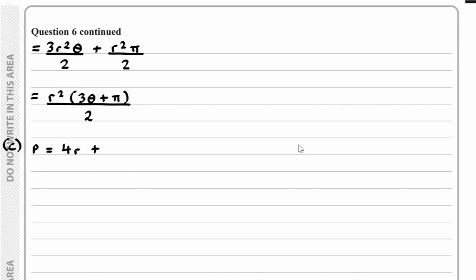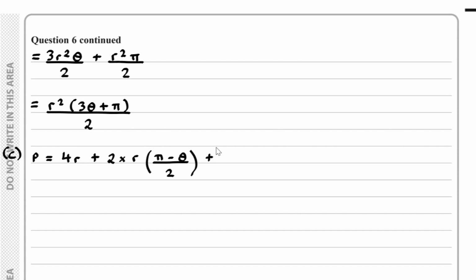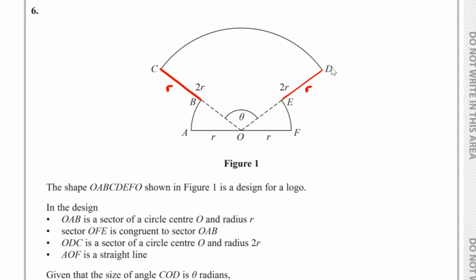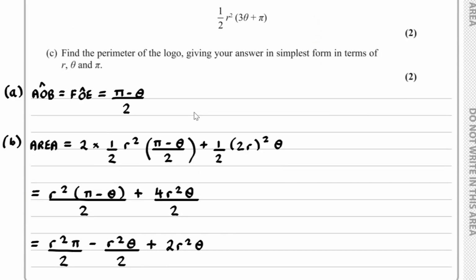So we add on 2r lots of pi minus theta over 2. And then the arc length of CD, that will be 2r theta.